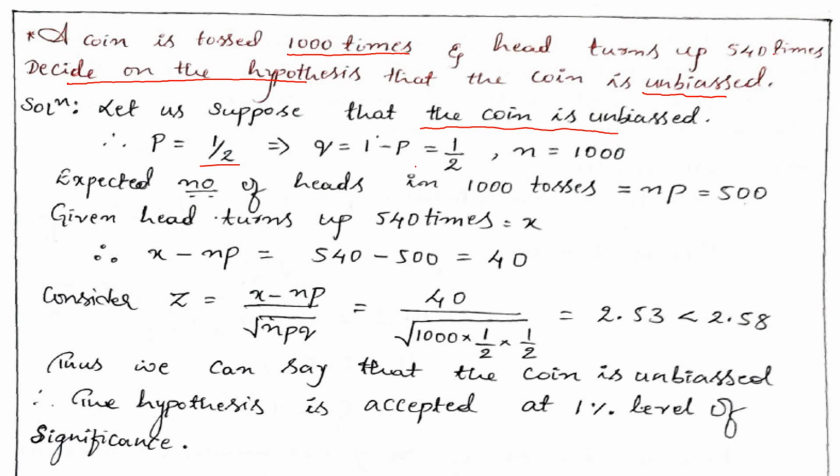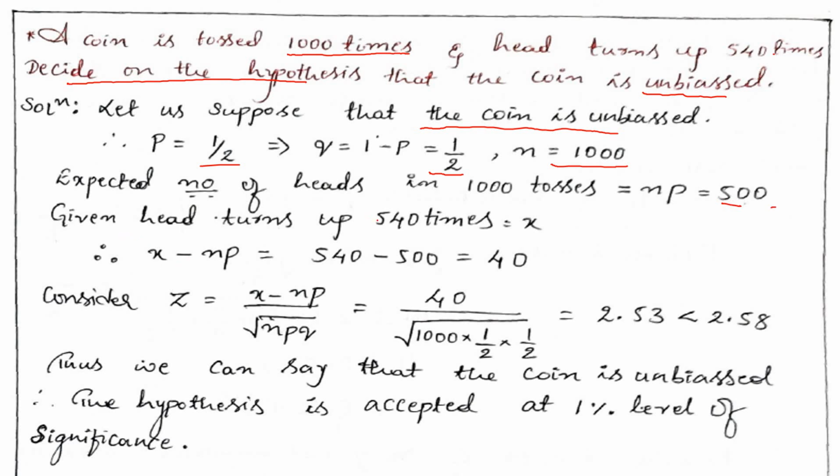Therefore, Q equal to 1 minus P, which is 1 by 2. They have also given the large sample value 1000. The expected number of heads in 1000 tosses is mu equal to np. N is 1000 and P is 1 by 2, so 1000 times 1 by 2 gives 500.